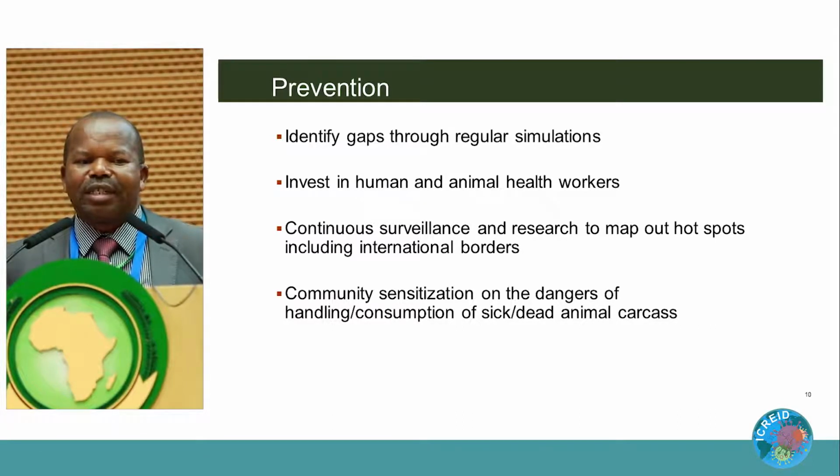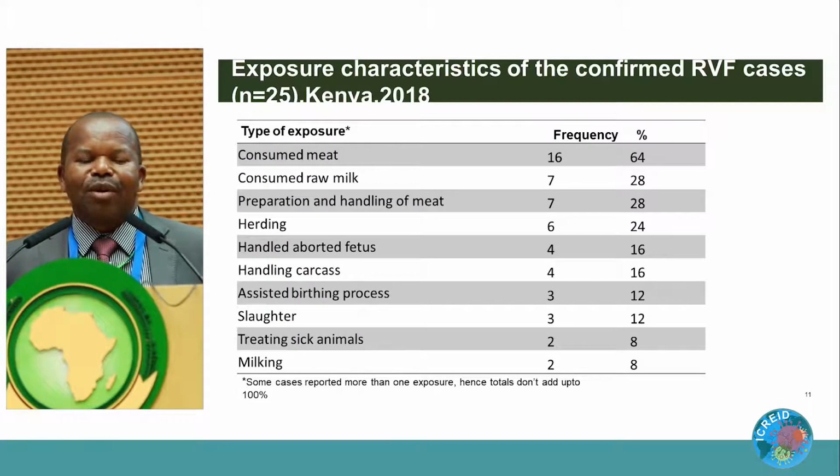Continuous surveillance and research to map out the hotspots, including international borders, is key. And of course, community sensitization has been emphasized. More so, in the next slide, we are looking at those who are exposed and found to be positive.